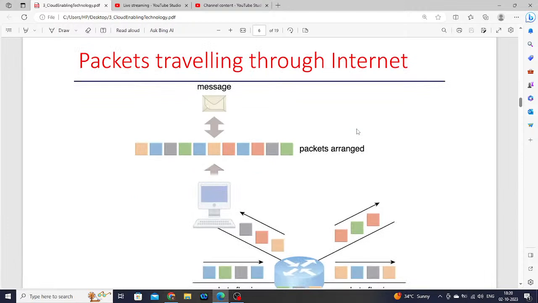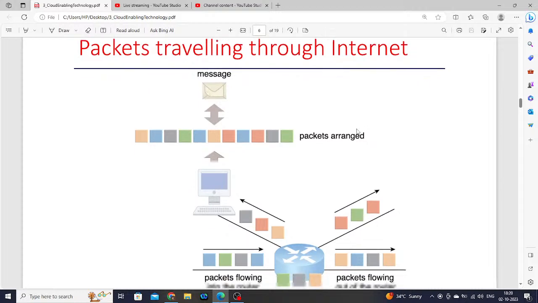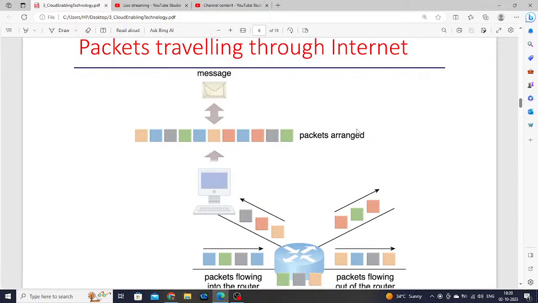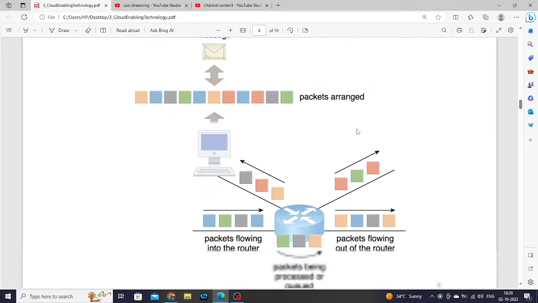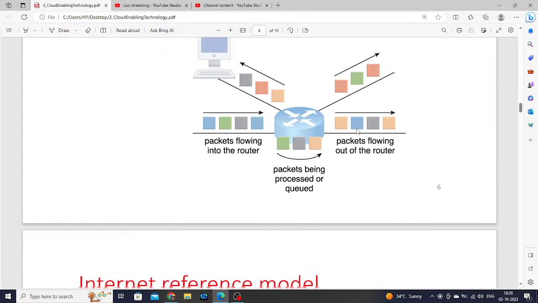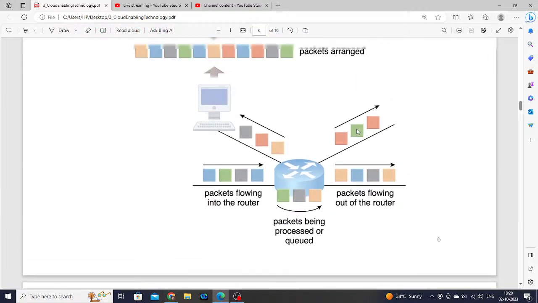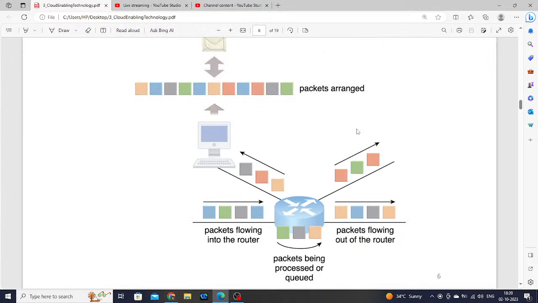Packets traveling through the internet: first your message is arranged into packets. Say you are sending an email; that email is arranged into packets and sent, the packets are processed, and then the receiving computer receives these packets.